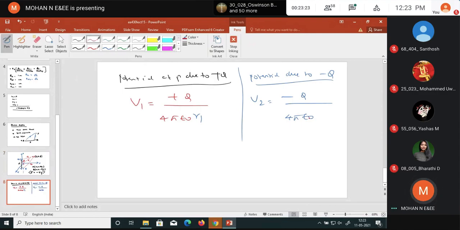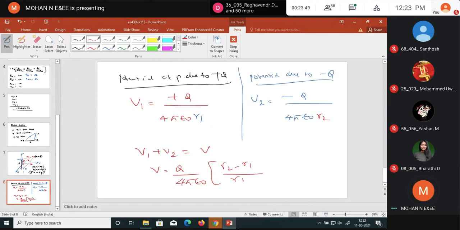So the total potential at point P is V. If you simplify it, you'll get Q by 4 pi epsilon naught times (R2 minus R1) by R1 R2.